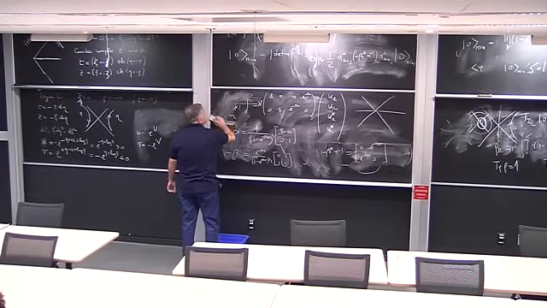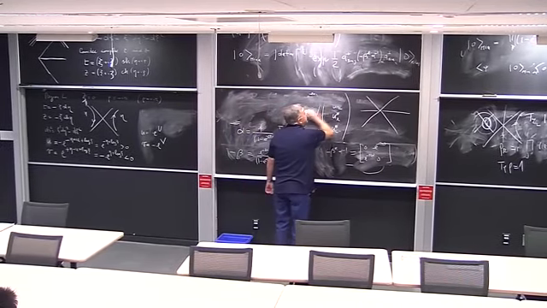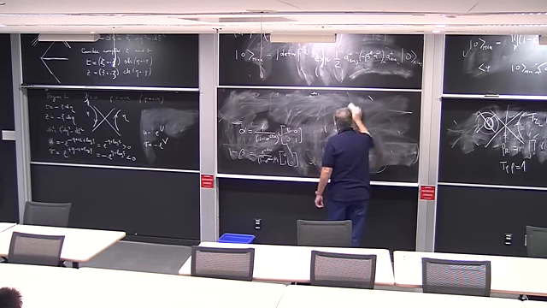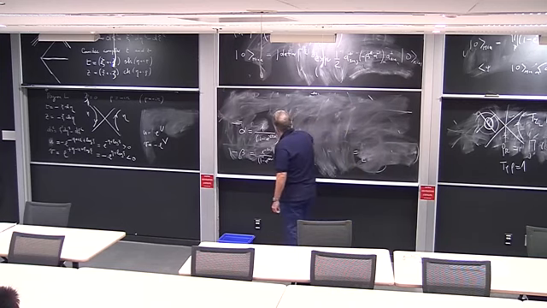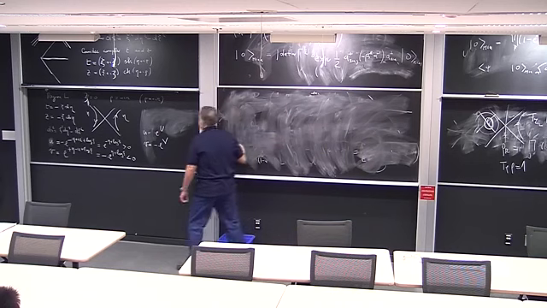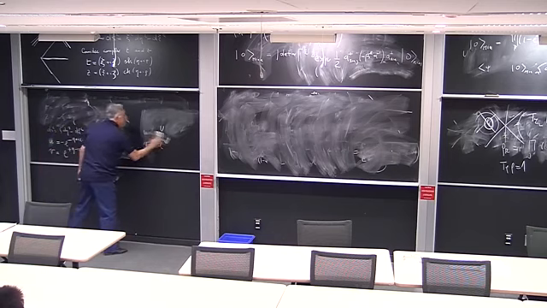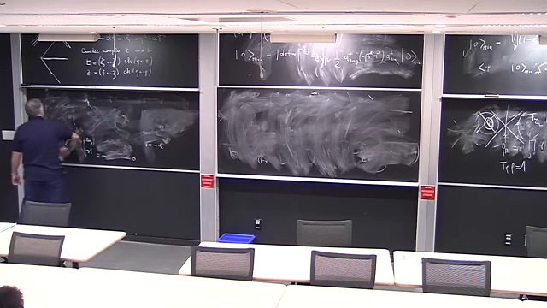So let me go on and explain how the computation is done in the Schwarzschild case. The first step is to construct the coordinates.